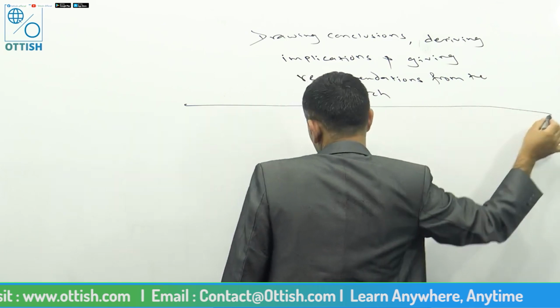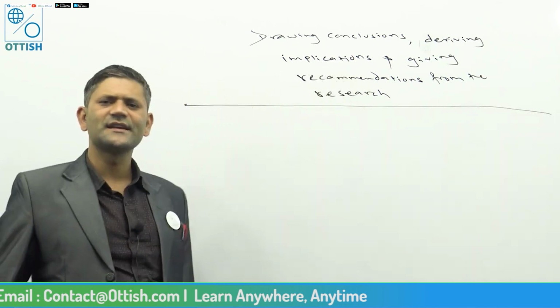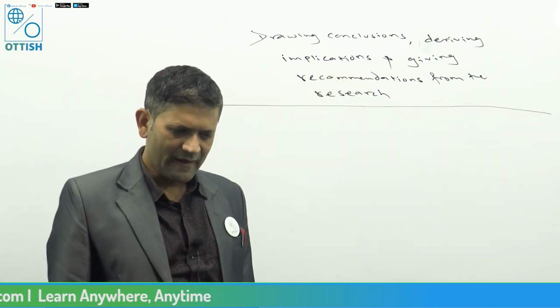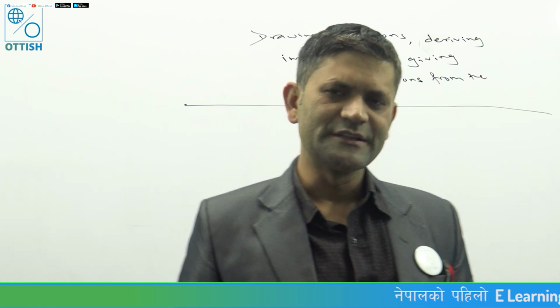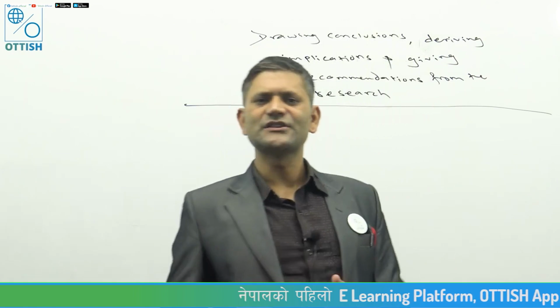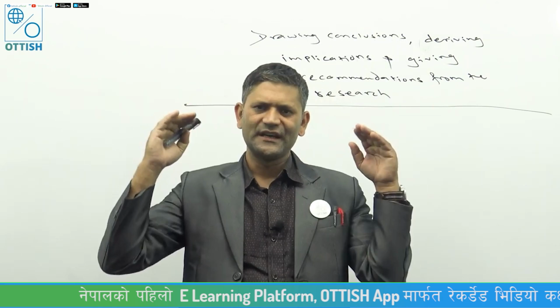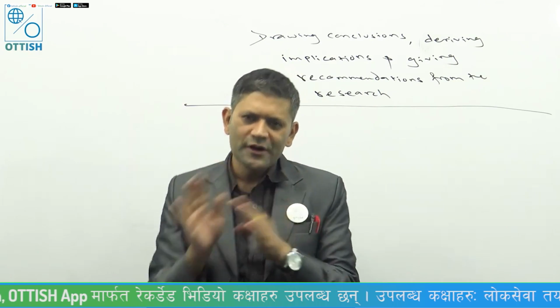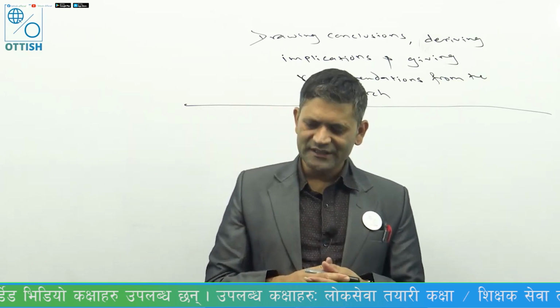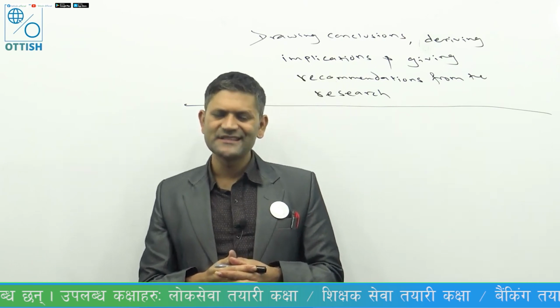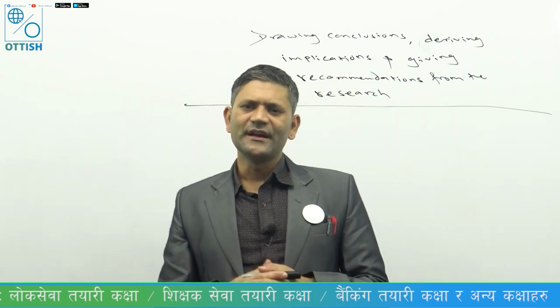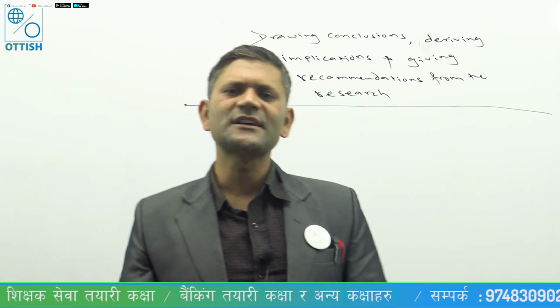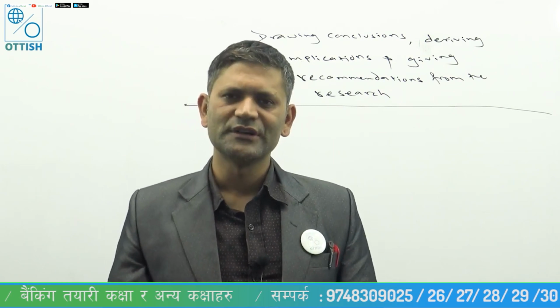Research is a process of generating new ideas. Research is a process of validating existing knowledge. Research is also a form of updating or modifying existing theories, assumptions and insights. It is a process to explore the unexplored.